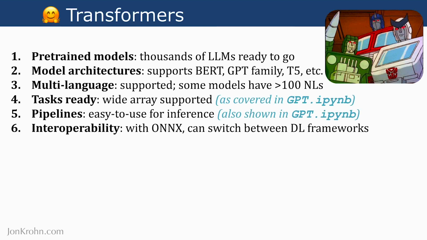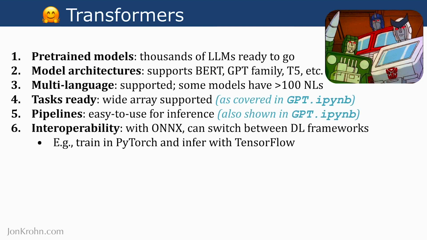Hugging Face Transformers offers interoperability, which means that with ONNX, the Open Neural Network standard format, we can switch between PyTorch and TensorFlow. So whichever of those automatic differentiation libraries you are most familiar with, you can use with transformers. And so this means that you could mix and match seamlessly. PyTorch is more Pythonic, so it's often more fun to use.